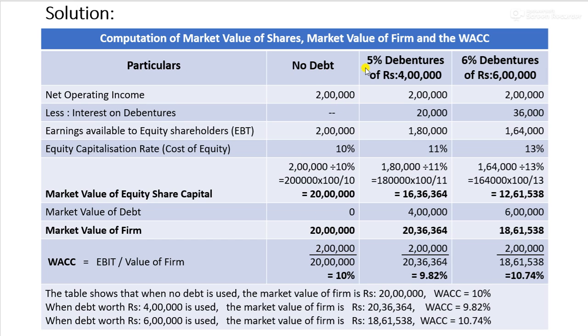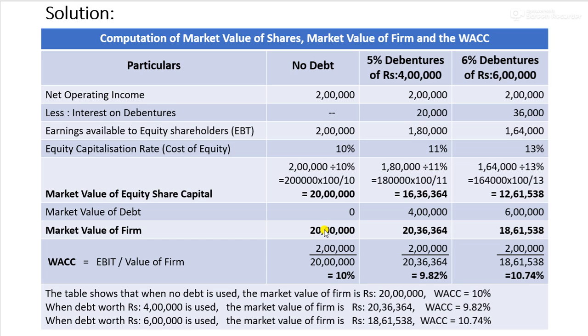When there is a debt of rupees 4 lakh, the market value of the firm increased to 20 lakh 36,364. Again, when debentures increased to 6 lakh, the market value is reduced to 18 lakh 61,538. This is the impact of the quantum of debt on the total market value of the firm.